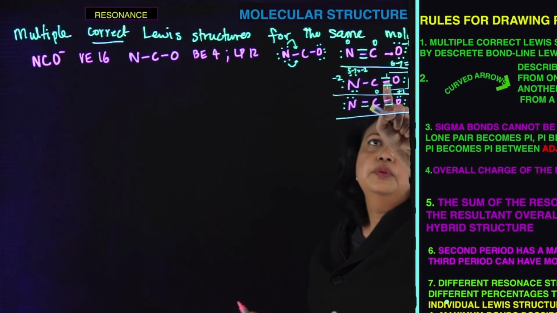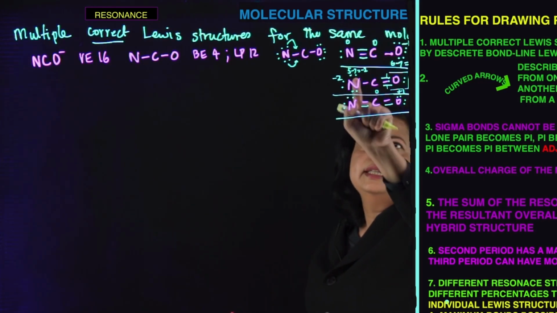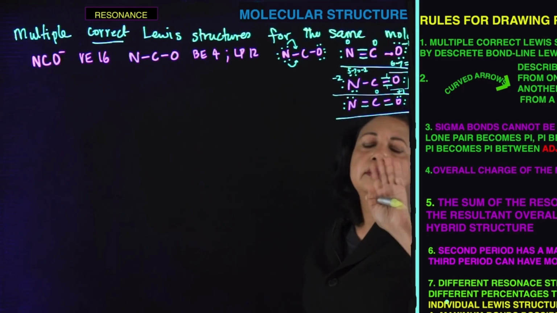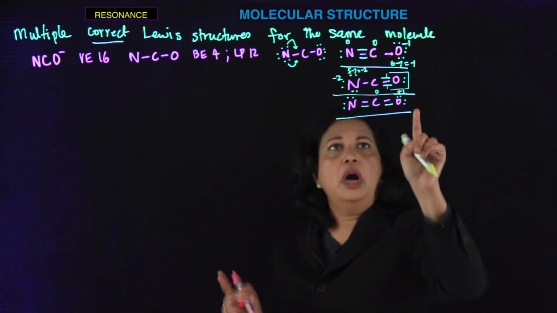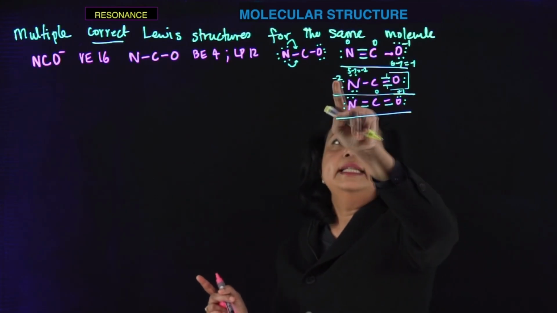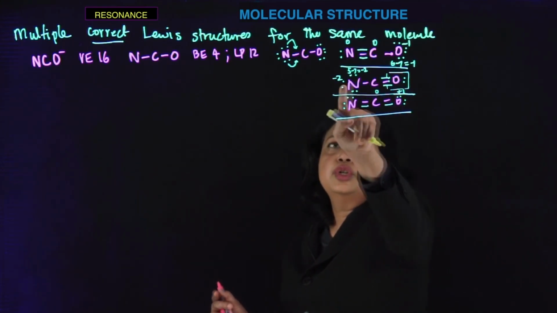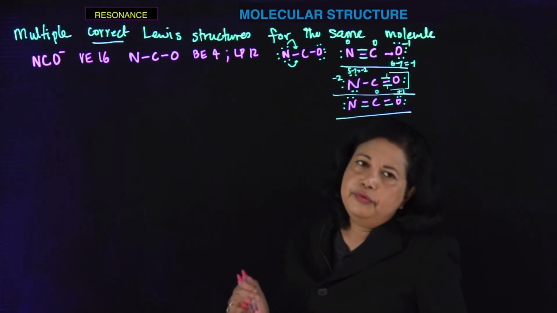So that's 2 for each bond, 2, 4, 6, and 2 for a lone pair. That's 8, and this is 8, and this is 8. So it's a correct Lewis structure, but the charge is too high. Therefore, it is correct, but not a favored one.